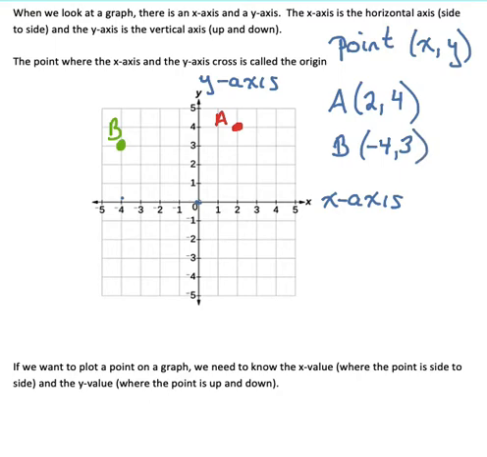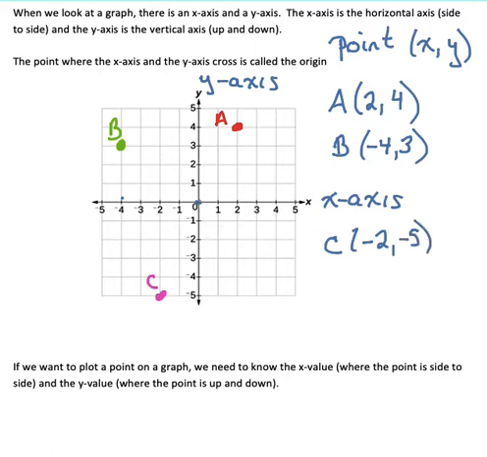If we had a point that was down here, let's maybe put it here, let's call this C. Then for C, if we start at the origin, we have to go 2 to the left, so it becomes -2. And then we have to go down 5. When we go down, it's negative. If we go up, it's positive. So this becomes -5.